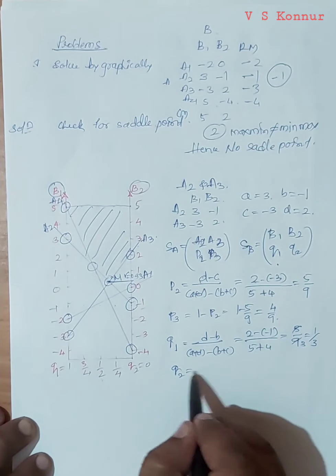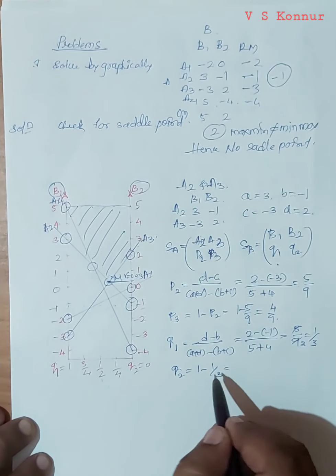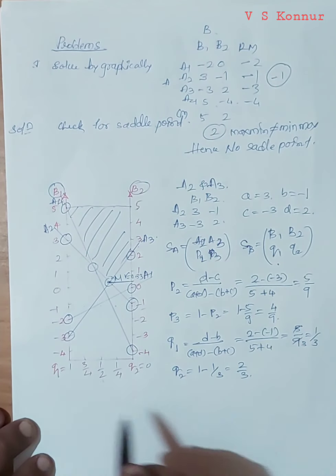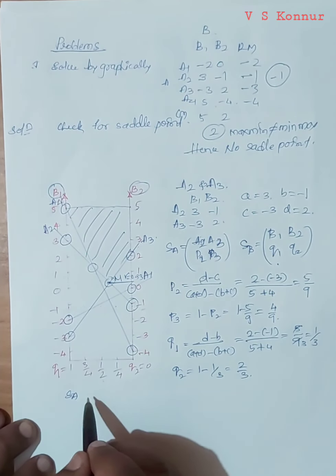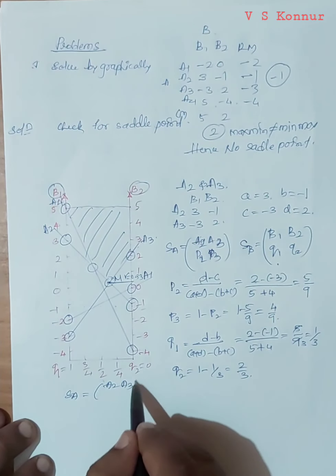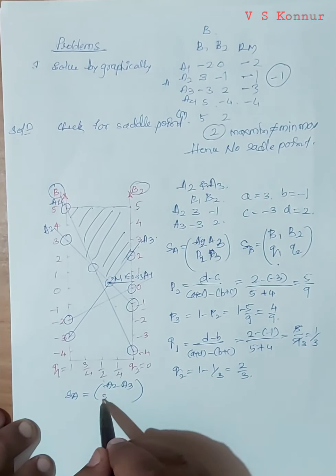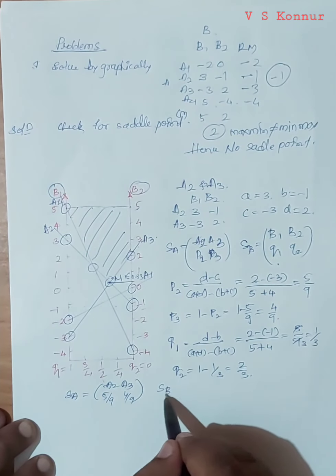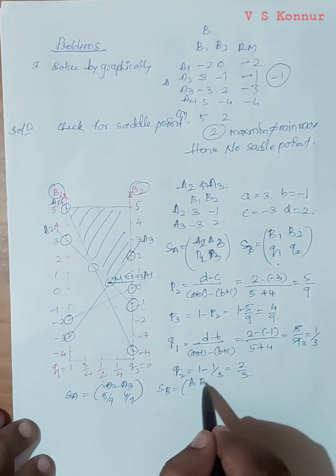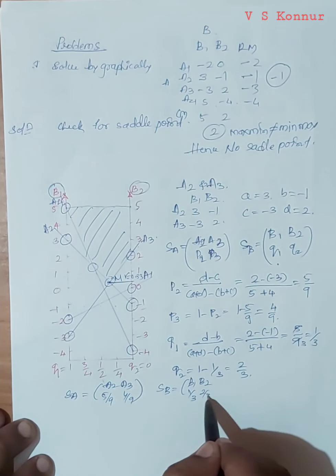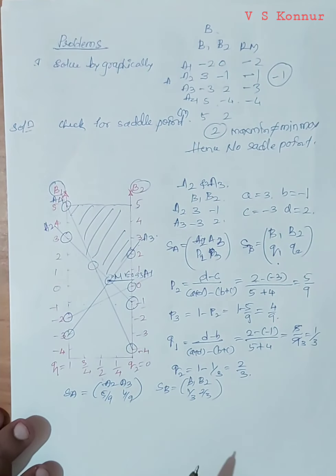So Q2 is 1 minus 1 by 3, which is 2 by 3. Next we have to find the value of the game. Before that, we write the probabilities: for A2 and A3, 5 by 9 and 4 by 9; for B1 and B2, 1 by 3 and 2 by 3. Next, we'll calculate the value of the game.